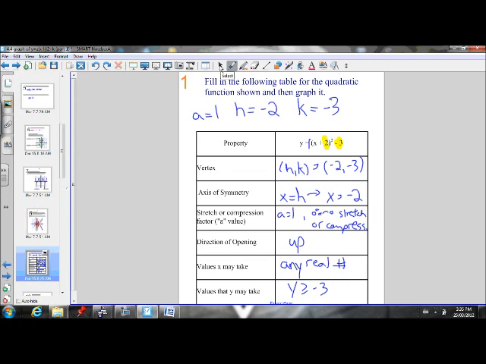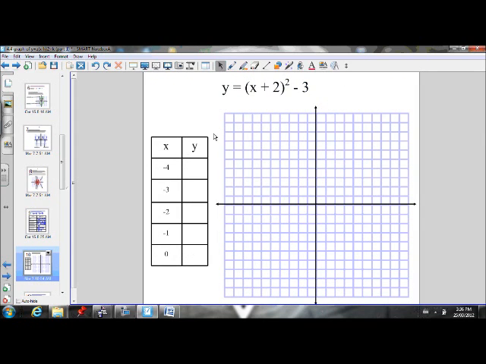After we draw the parabola, I'll go back and explain that again, just so we consolidate that information. Okay, so on the next slide, we're going to graph this parabola. Once again, I chose x values surrounding our h value. Our h value is negative 2, so I put that in the middle, and then chose 2 values to the left and 2 to the right.